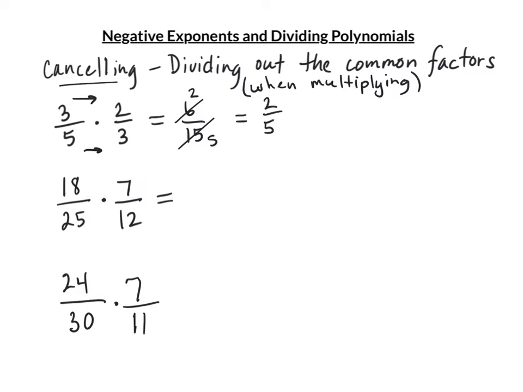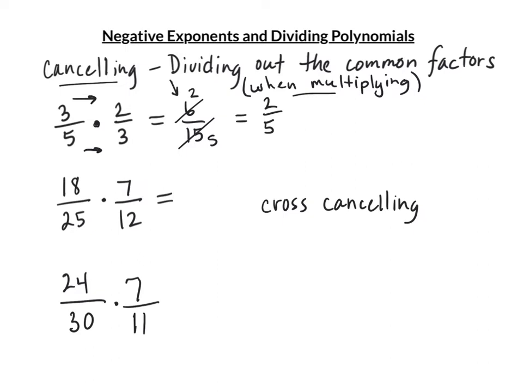Now to avoid this second step, I want to point out that we can cancel right off. You have to have multiplication. This is when multiplying. As long as you have a common factor in the numerator and denominator, you can cancel those things out. Sometimes teachers might call that cross-canceling, but that's really a bad way to think of it because they don't have to be diagonal. Yes, they often are.